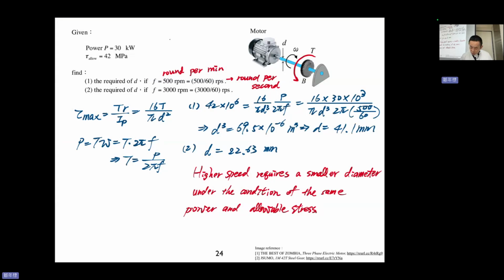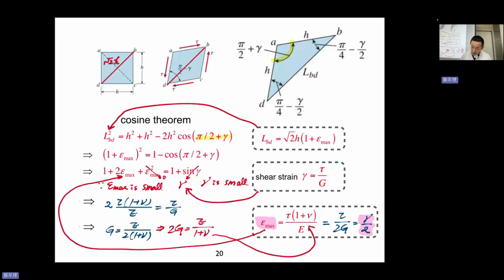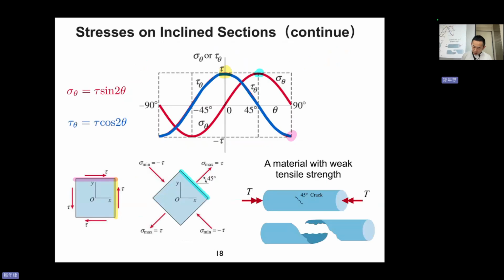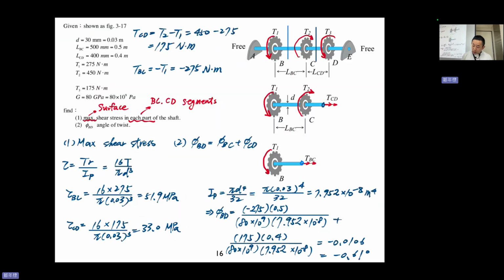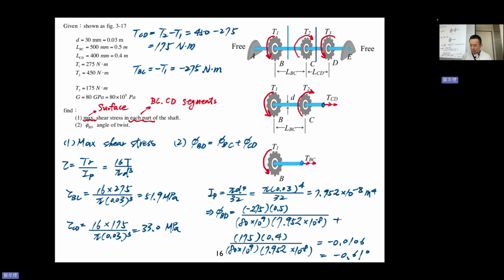So last week we talked about several important things. We talked about how to determine the twist angle phi in different cross-section areas and under different torsion, which is not pure torsion, with varying torque.